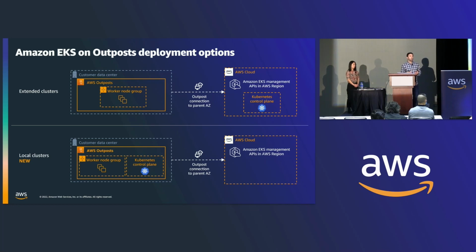So this gives you definitely an angle to strengthen your availability posture for the Kubernetes that you're running on Outposts. I also do want to call out that even though the control plane is running on the Outpost with local clusters, AWS is still managing the availability of that Kubernetes control plane. So if you did a test where you go in and delete one of the EC2 instances that powers that Kubernetes control plane, you're going to see that automatically come back up because we're continuously monitoring that cluster that's running on the Outpost.